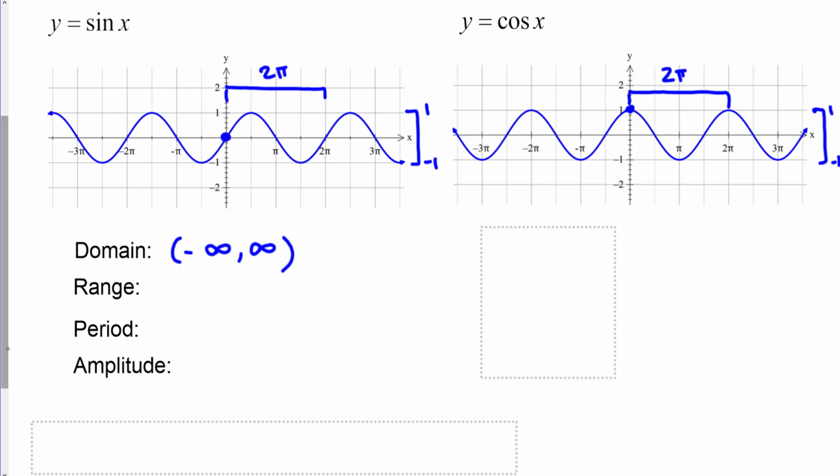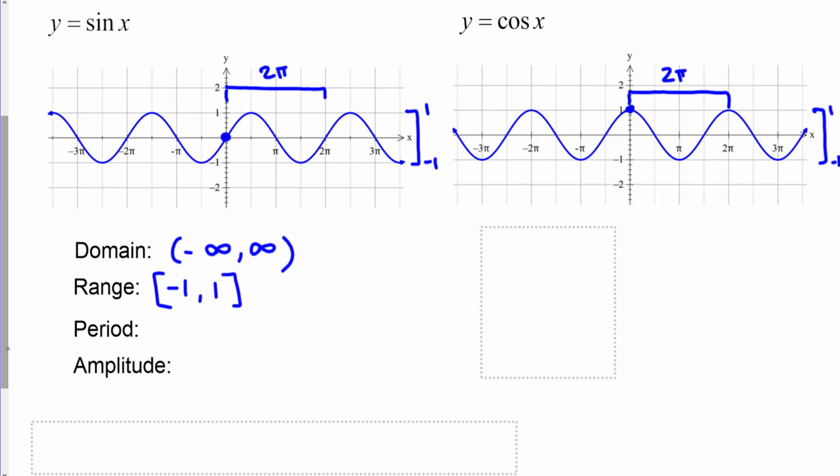You're not going to get undefined or division by 0, square roots of negatives. It's not going to happen with the sine function. But the range is very much restricted. The range is only from -1 to +1 if you don't include any changes to the graph.